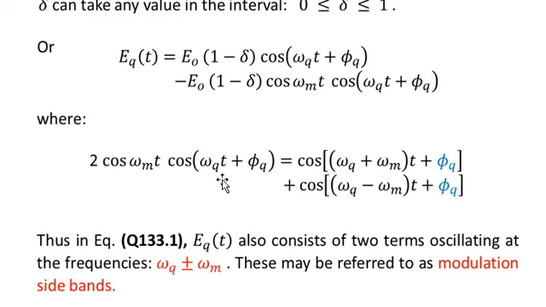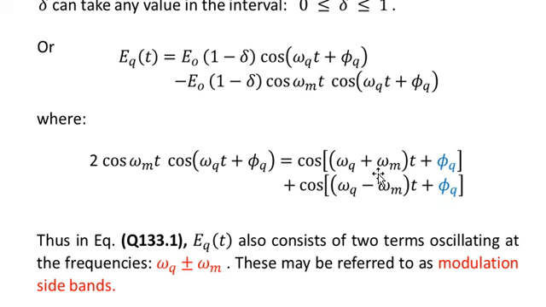If you expand this factor, you can write it as the sum of two factors, that is cos of (omega_q plus omega_m) multiplied by t plus phi_q, and the second term will be cos of (omega_q minus omega_m) multiplied by t, and then the initial phase plus phi_q.